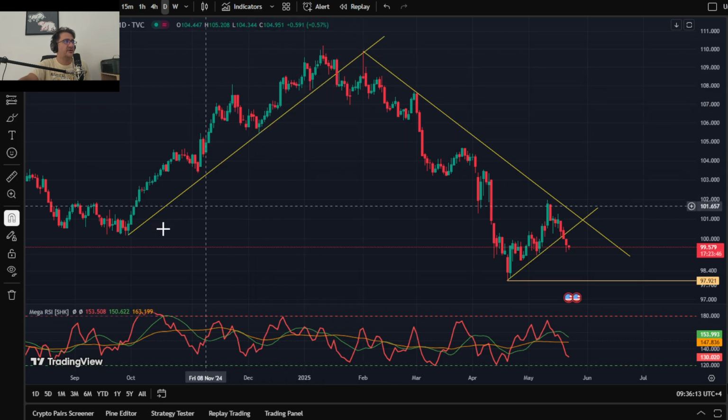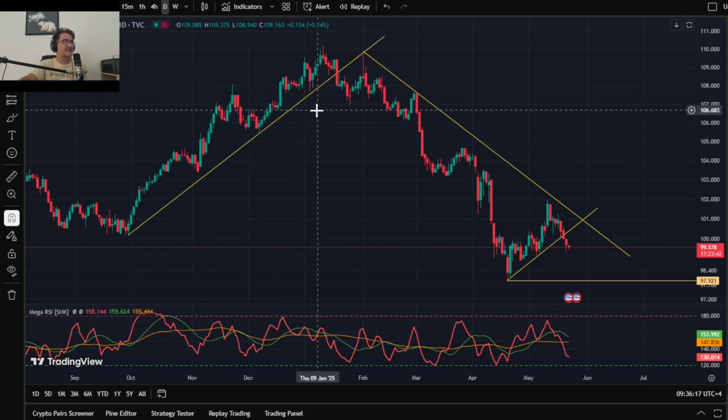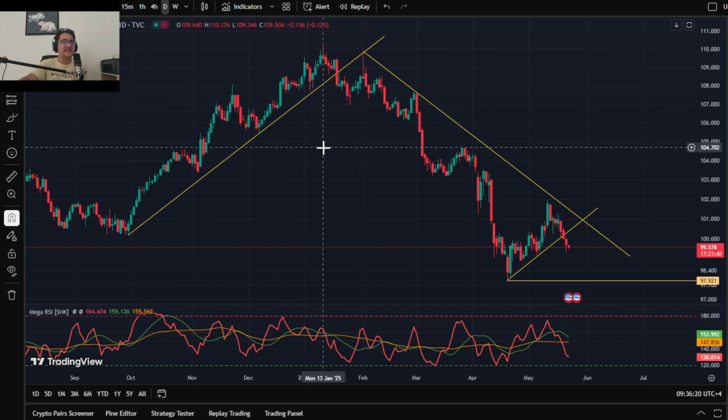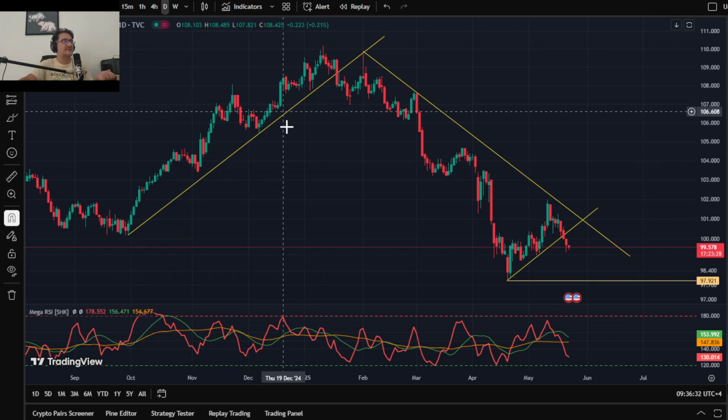Just to remind you, when the price reacts to a level several times, it means that level, that trend line, or whatever moving average it is, is a static or dynamic resistance or support. When the price reacts to a level more than 2-3 times, it makes it more valid.